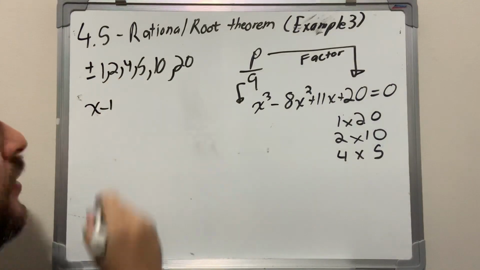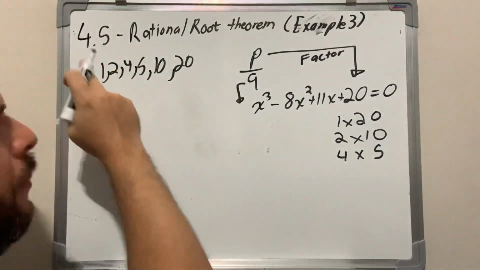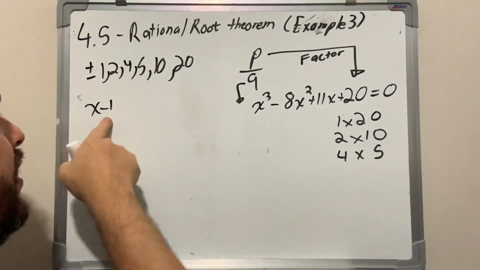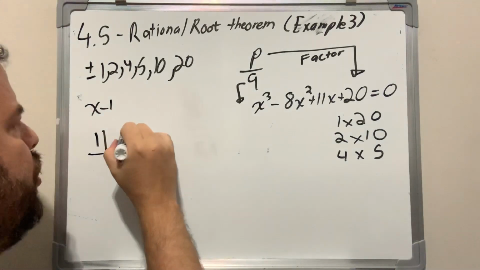Let's use this factor to see what happens. So I'm going to test to see whether this is going to be a factor. Synthetic division, I flip the sign. I put my coefficients.